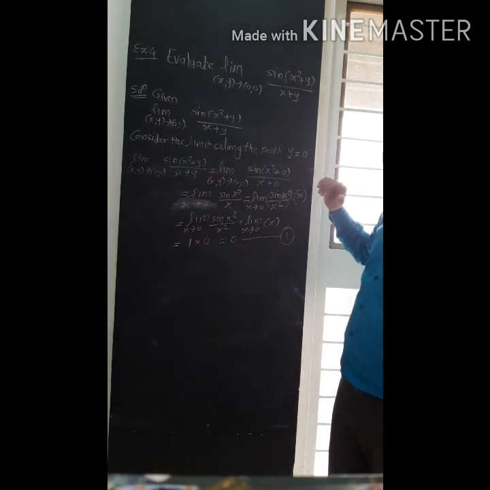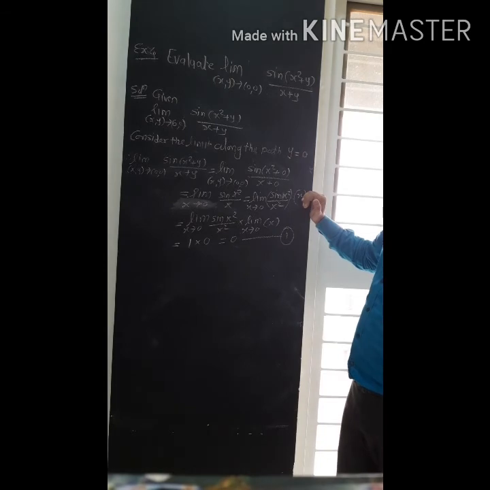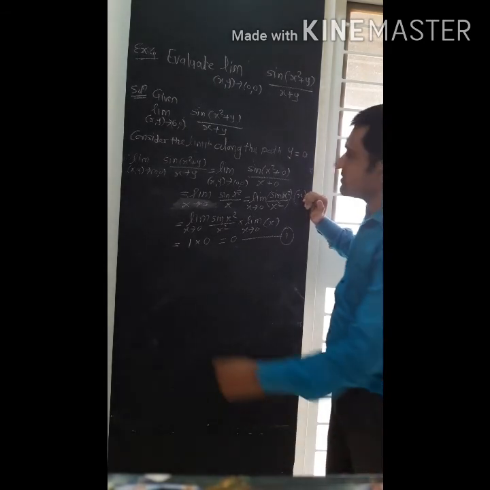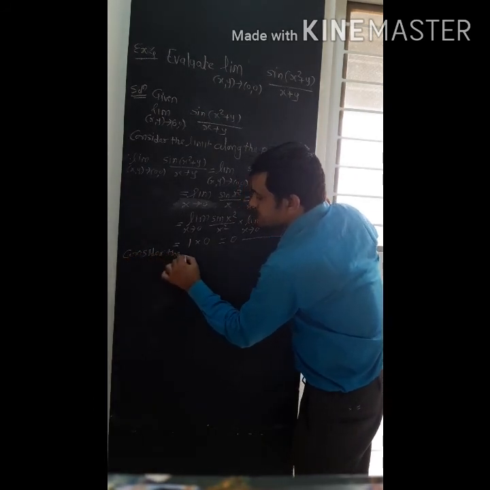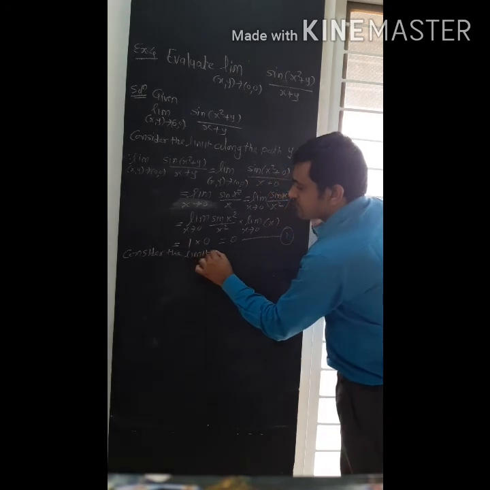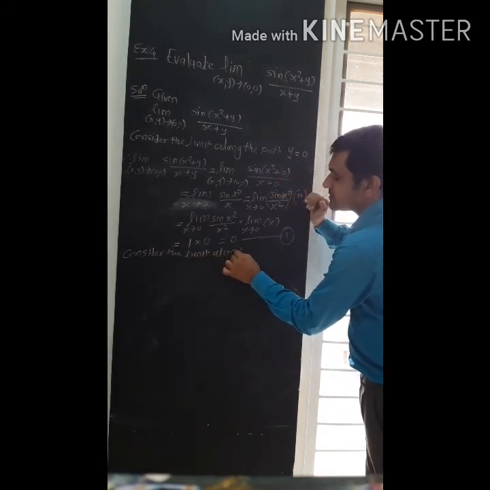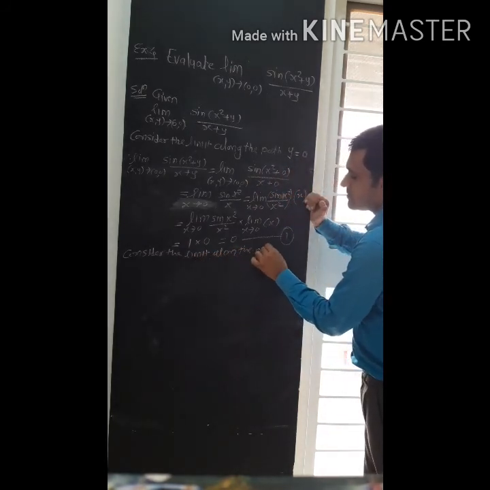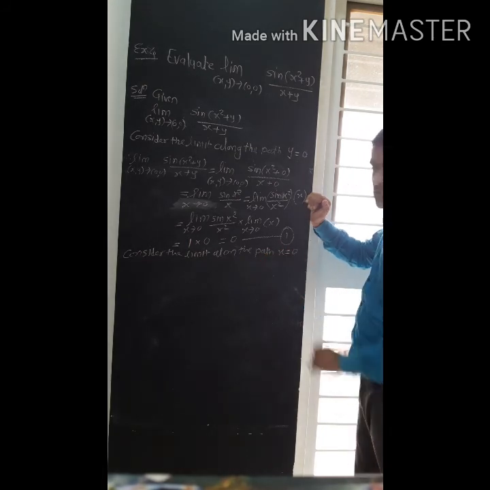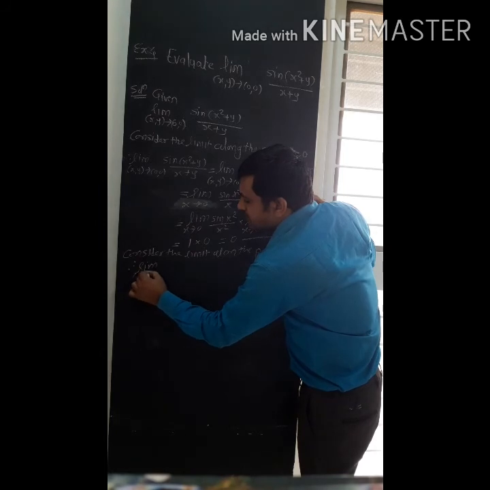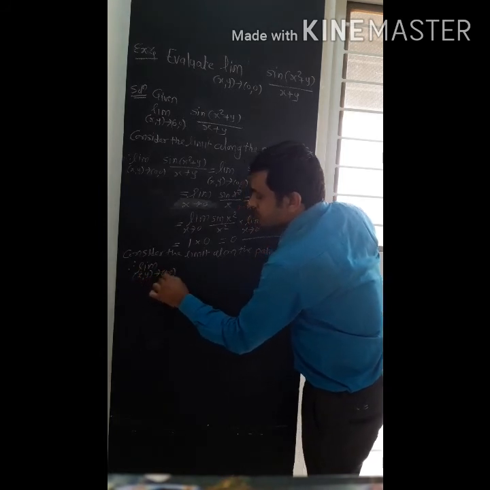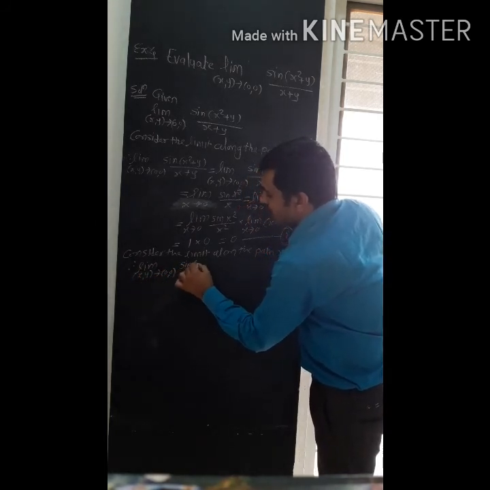Now consider the limit along the path x is equal to 0. Then this limit becomes limit (x,y) tends to (0,0) of sin(x square plus y) upon (x plus y).